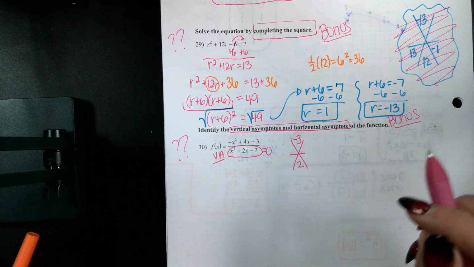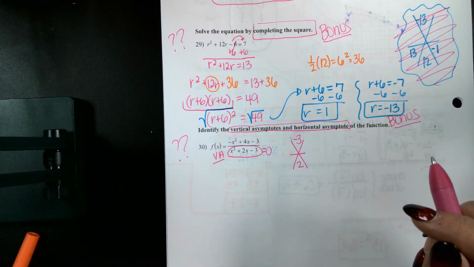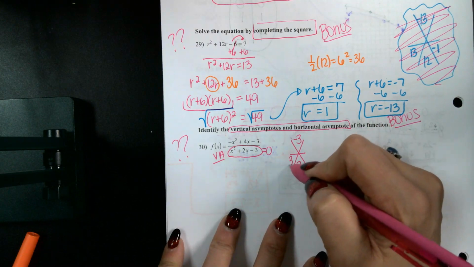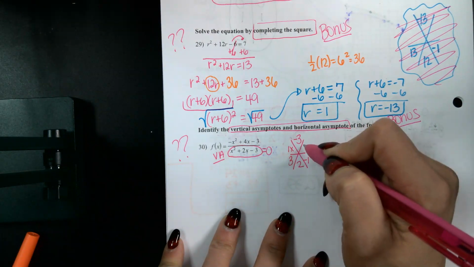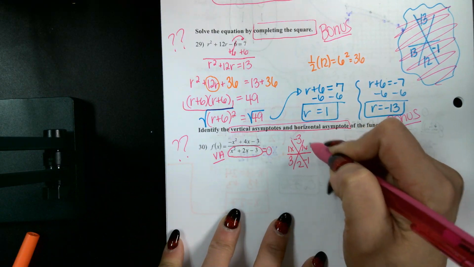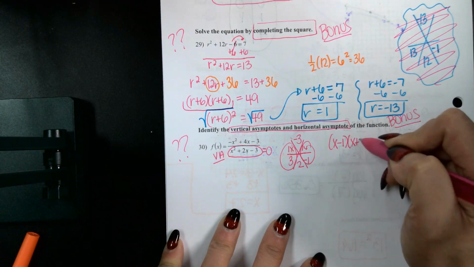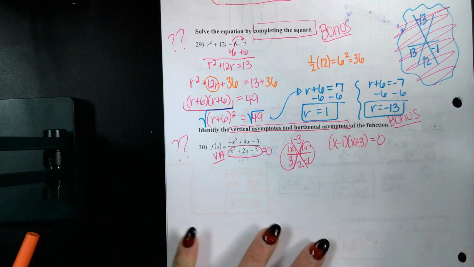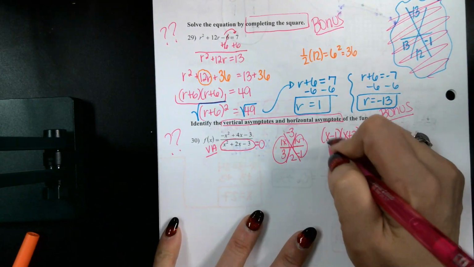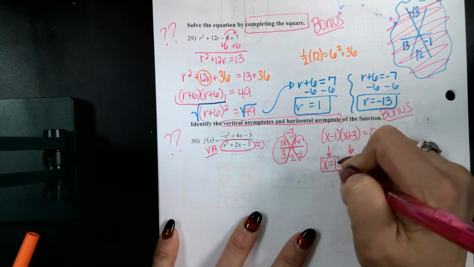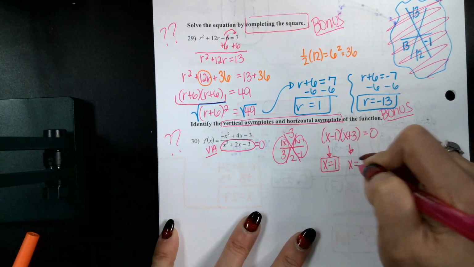So two numbers that multiply to give me negative 3, but add to give me positive 2. 3 and negative 1. Okay, so I'd have x minus 1 times x plus 3. So my two answers would be x equals 1 and x equals negative 3.